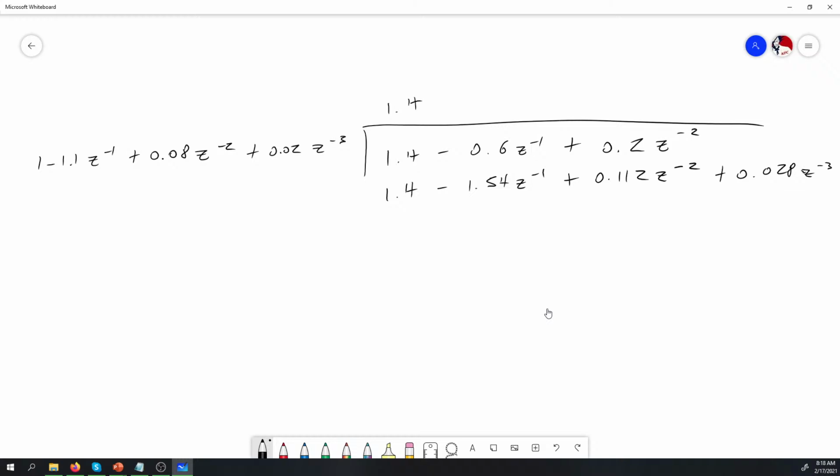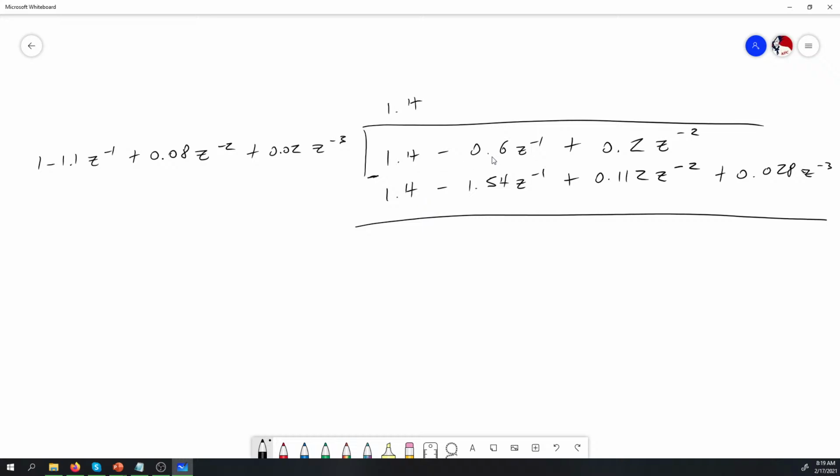Now, these two lines, the numerator and our calculated result from the division we just did, need to be subtracted from one another. So we're going to put a minus sign here, and then calculate our remainder. 1.4 minus 1.4 is just going to be 0.